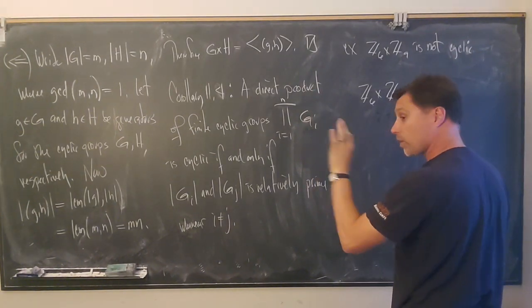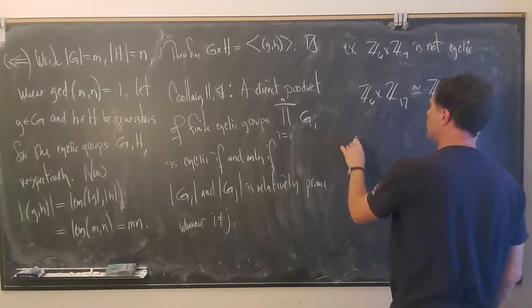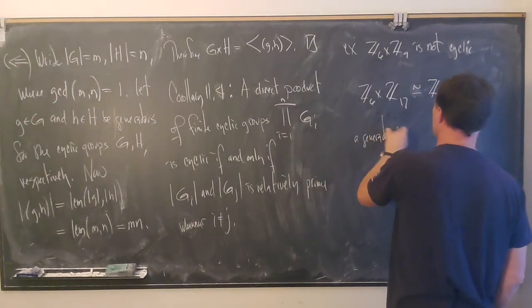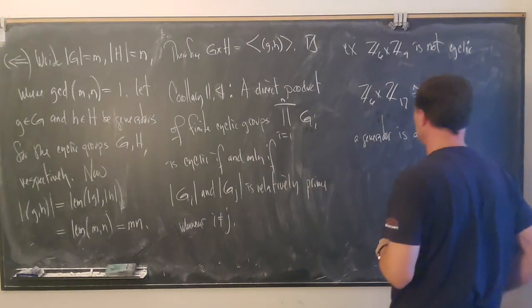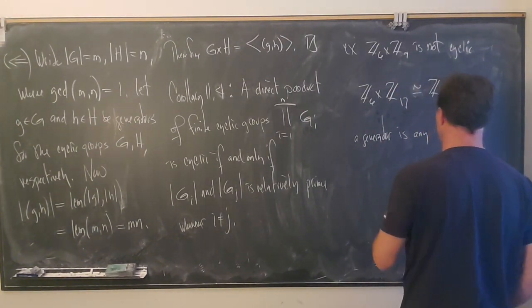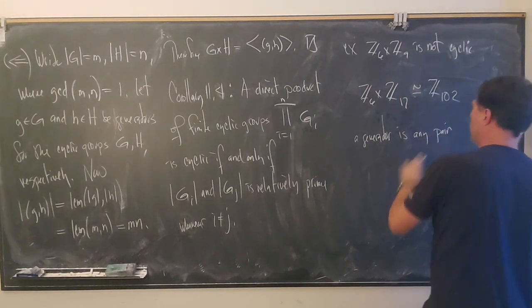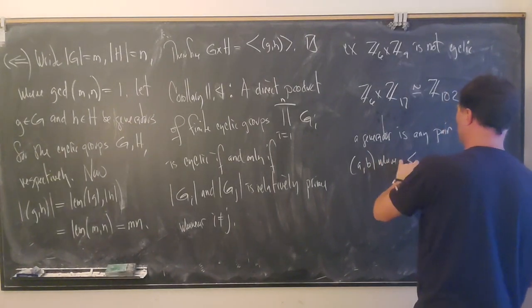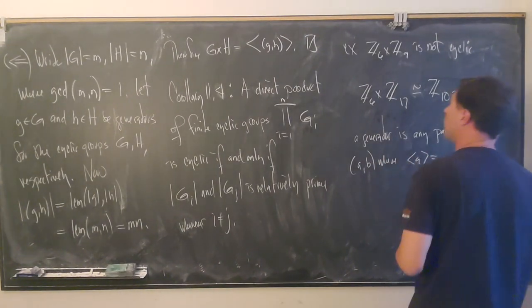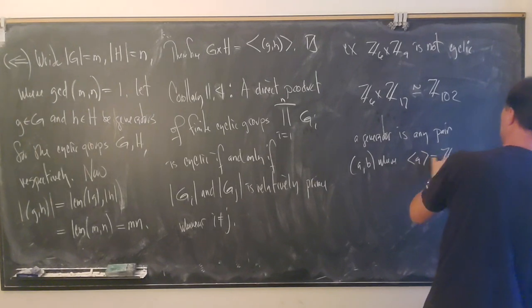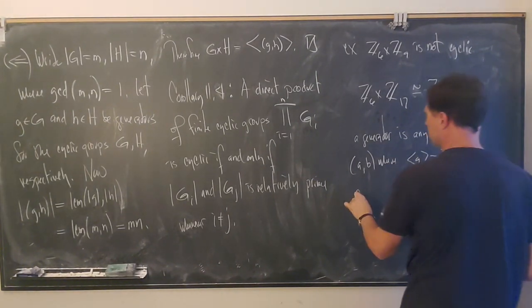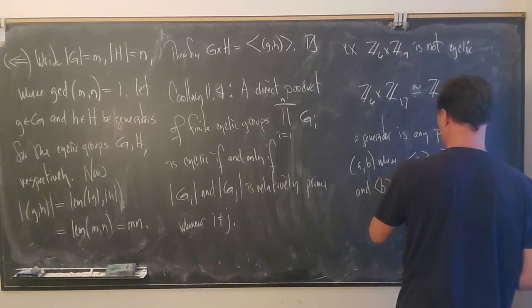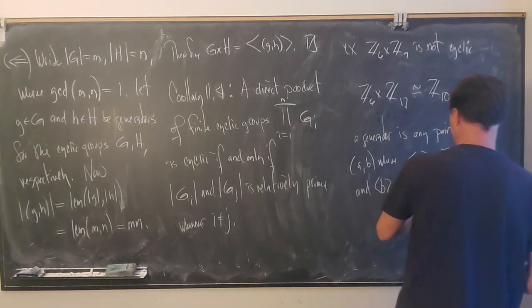And the proof of our theorem tells us how to find a generator. A generator is any pair (a, b) where a generates Z6 and b generates Z17.